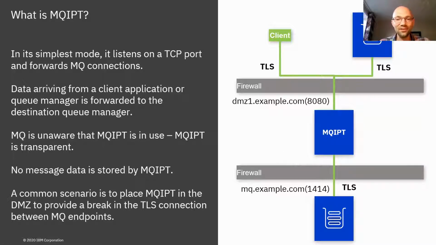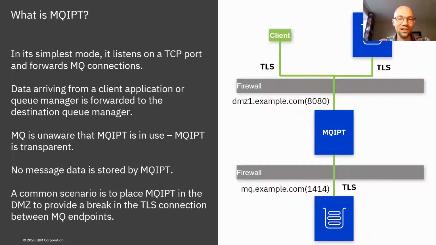It can also, of course, re-encrypt that data. This is actually a very common use case that people use IPT for. A lot of customers have corporate requirements that their connections in or out to their queue managers, going out to the internet, need to be terminated in the DMZ.